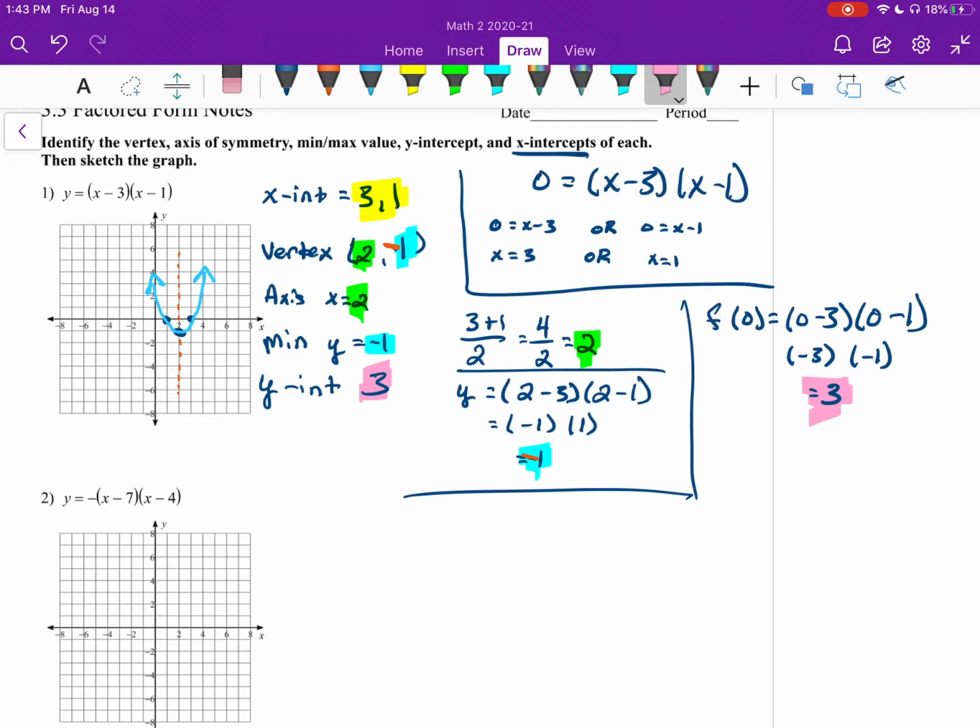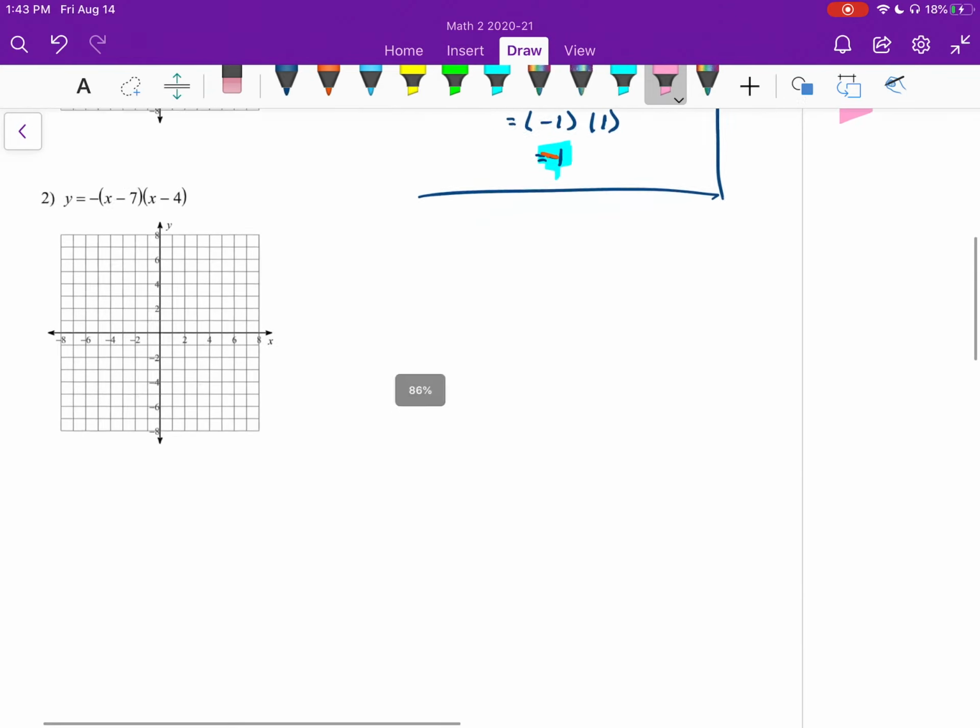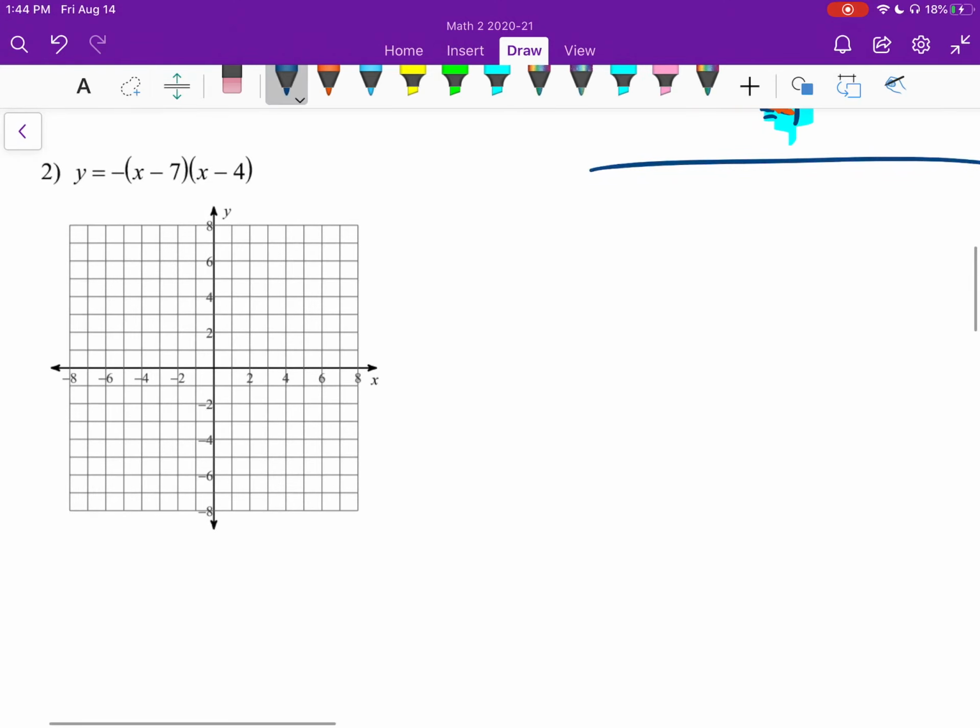All right, let's go on to number 2. Number 2, we're going to start off by plugging in a 0 for y. So 0 equals -x minus 7, x minus 4. This means that this negative out front is not going to matter a whole lot.